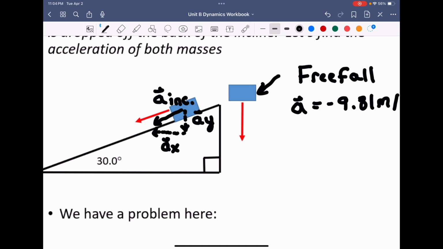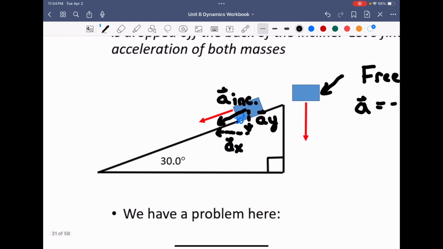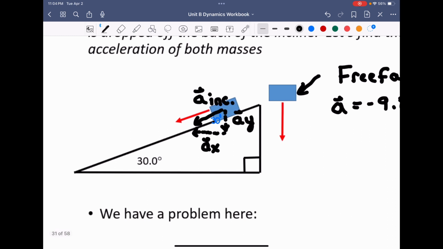Now, if I was to solve for the acceleration on the incline, here's how I would do it. We know that this interior angle here is 30 degrees. So this might be a little bit tight, but I'm going to try and fit it in there. This is 30 degrees right here. Now, if that interior angle is 30 degrees, off to the side, let's figure out what acceleration this object would experience in terms of the incline. Well, in terms of the y direction, we would assume that this one would be the 9.81.